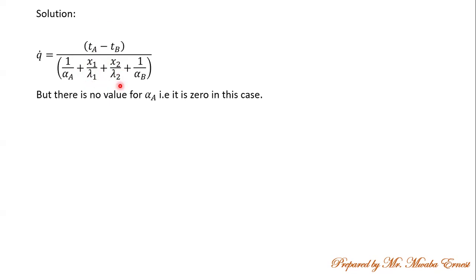So then what I have now is 1 over alpha plus x1 over lambda 1, x2 over lambda 2 plus 1 over alpha b. Now, one thing you will notice, there is no mention of alpha A. This plate is hot and it's heating up the kettle. It's heating up that pot.